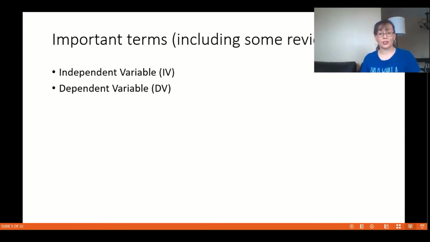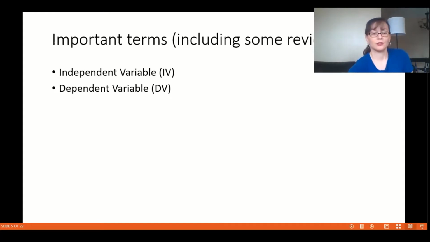Our dependent variable is the one that's measured. So maybe for my independent variable, I'm having one group of people watch a movie and one group read a story, and afterwards I'm going to measure how much they remembered about the narrative in either of these mediums. Whatever score they get on that memory test, that's going to be my dependent variable.